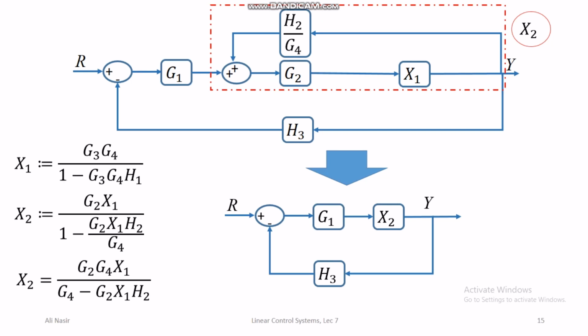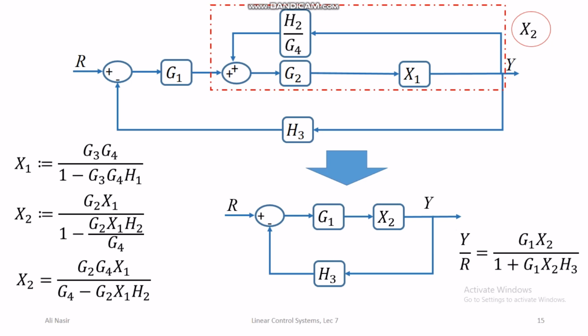So we can find the transfer function between y and r, and that would be direct path divided by 1 minus loop gain. Notice that the loop in this case is a negative loop, so the transfer function between y and r will be g1 x2 divided by 1 plus g1 x2 h3.